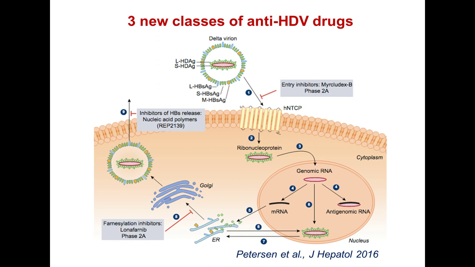Then we have the so-called farnesylation inhibitors. These drugs inhibit the farnesylation of delta antigen, which is a step crucial for the proper assembly and maturation of viral particles. Finally, we have the so-called nucleic acid polymers.